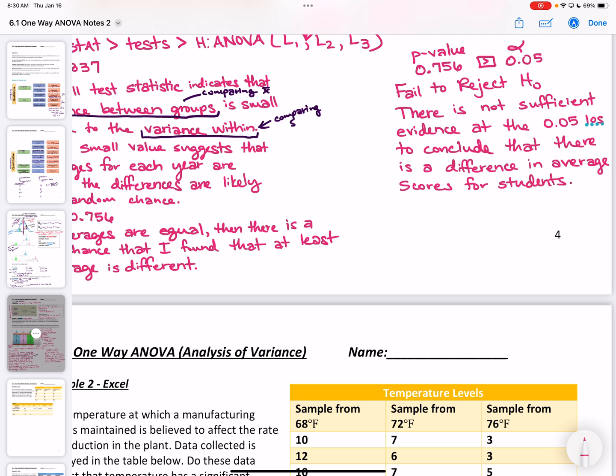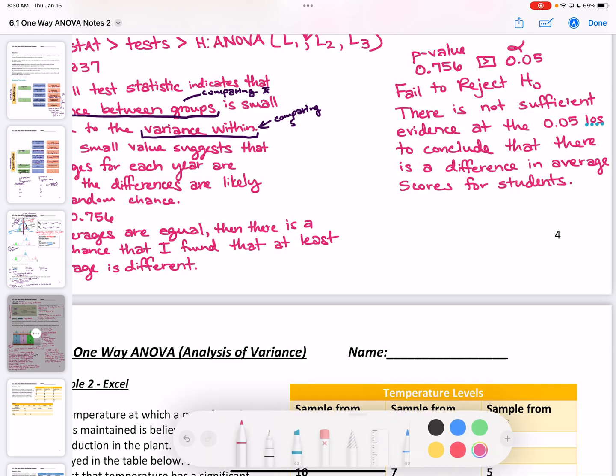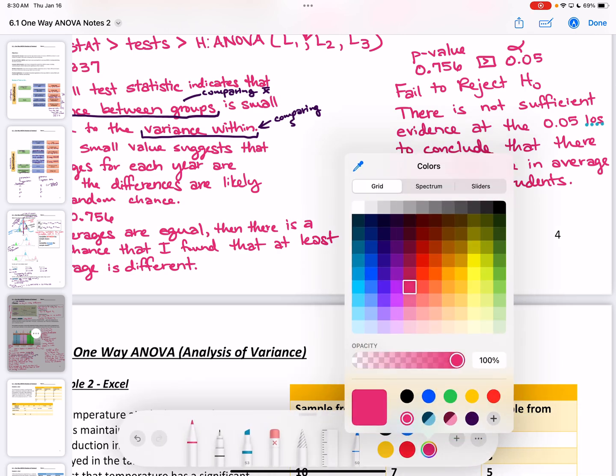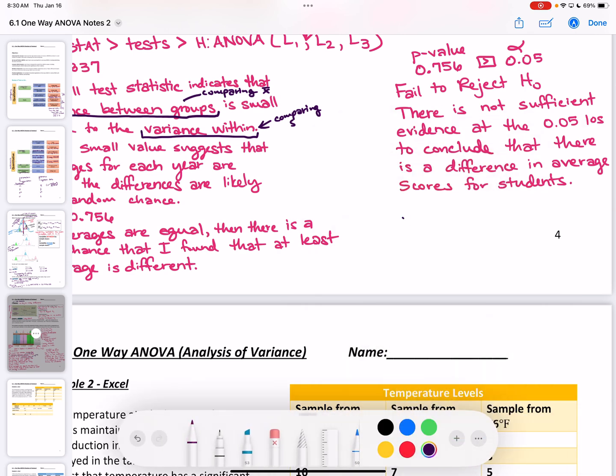Okay? And you don't have to write this, but if you go back to that graphic I gave you, this situation looks like the first picture. Okay?